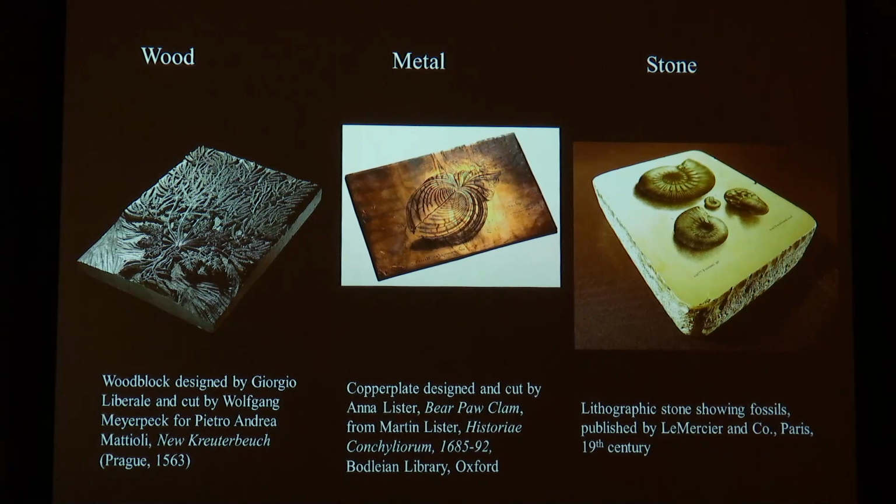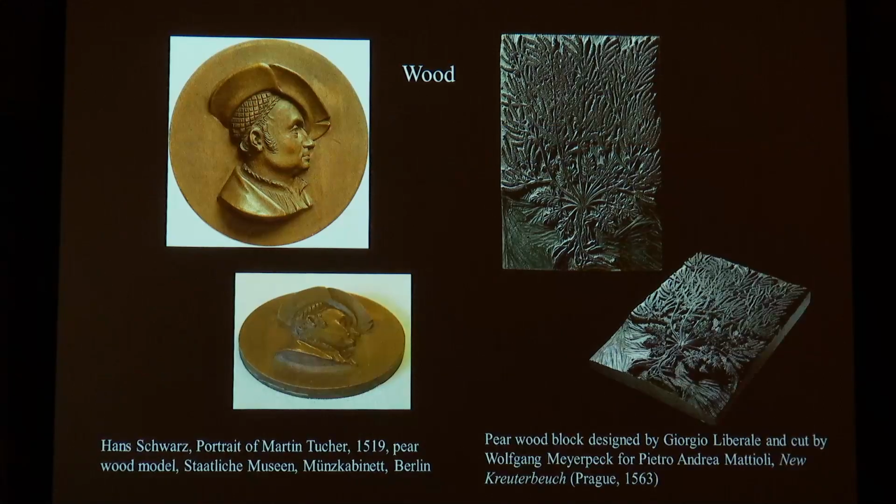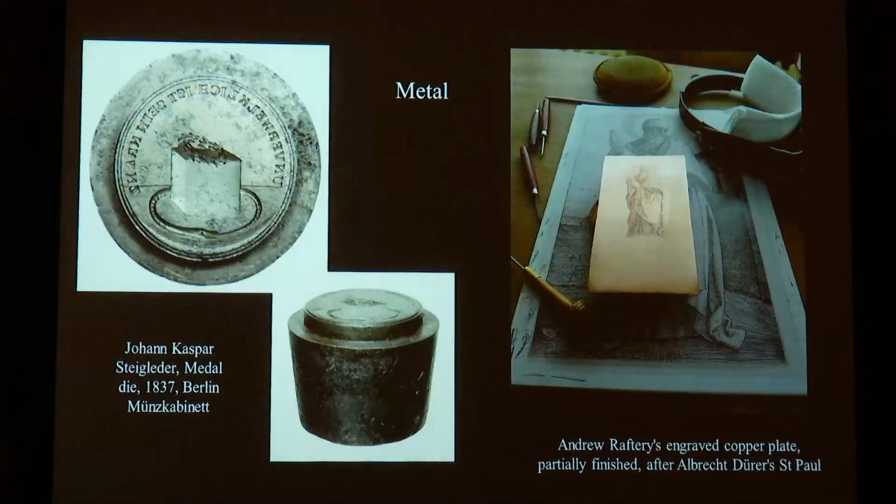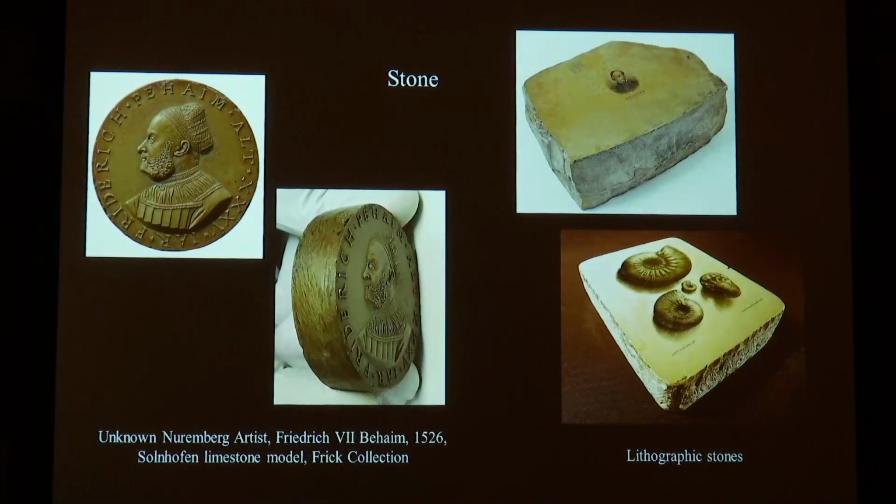Both are produced from durable matrices made of like materials, such as wood models and printing blocks, engraved metal dies and printing plates, cut stone models and lithographic stones. Not surprisingly, these matrices are comprised of native materials, specifically the pear wood, precious and base metals, and limestone that were found in Central and Northern Europe.